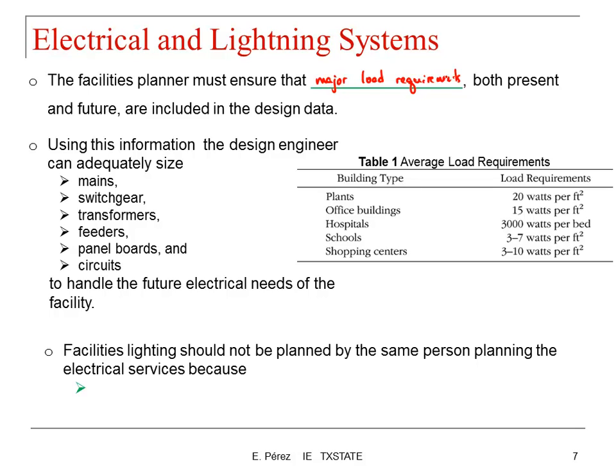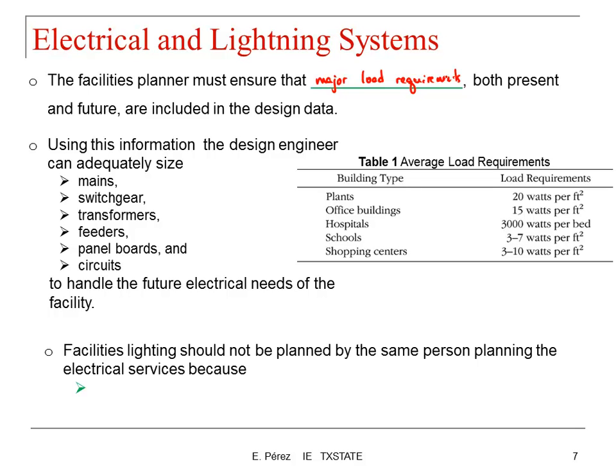Right now there are a lot of companies moving into green electricity systems, such as solar panels and wind turbines. So if that is in the plan of your facility, then you have to take that into account as well. Using this information, the design engineer can adequately size mains, switchgear, transformers, feeders, panel boards, and circuits to handle the future electrical needs of the facility.